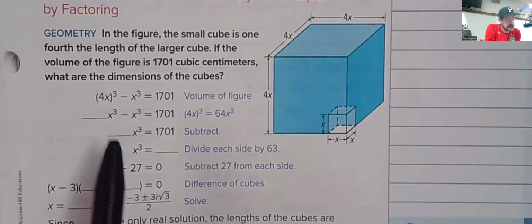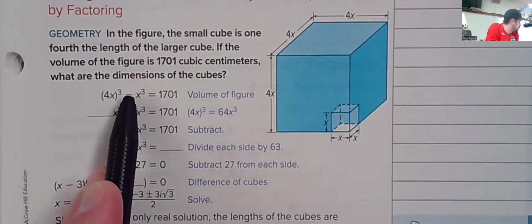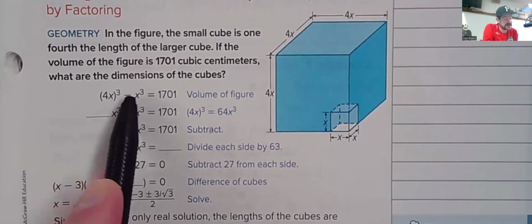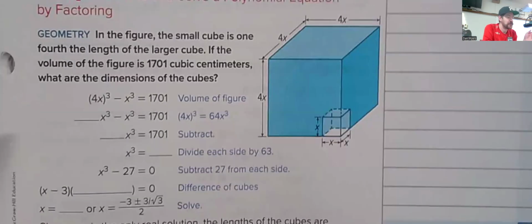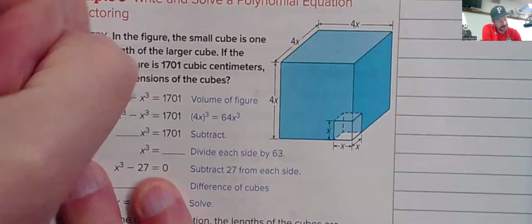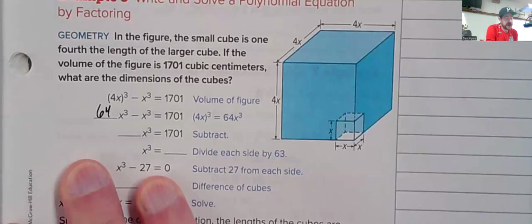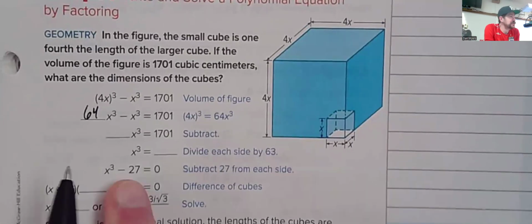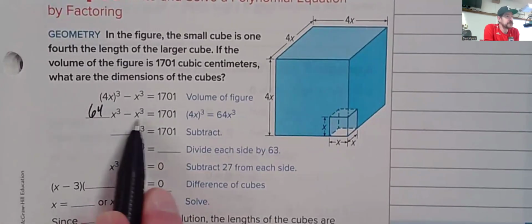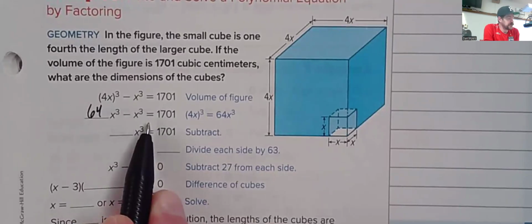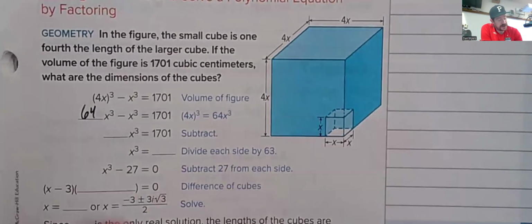So 4x cubed, that means the power of 3 applies to the 4 and the x. It's already applied to the x here. So what's 4 to the third power? 64. Good. So 64x cubed minus x cubed, those are like terms. So what is 64x? Yeah, 63x cubed. Good.